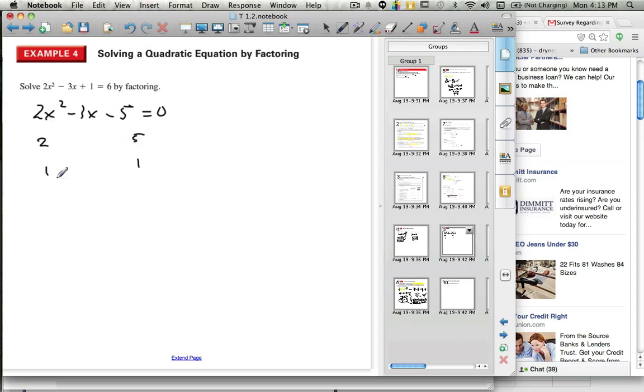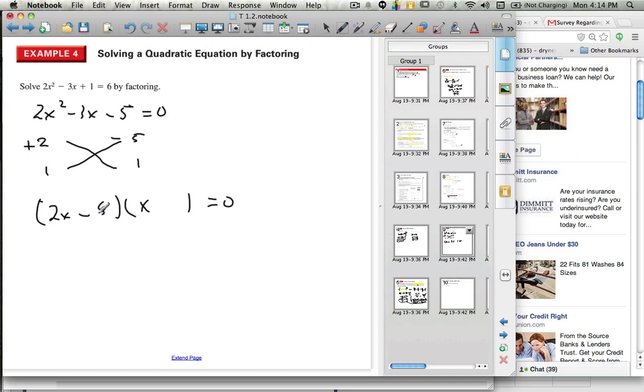So I know that I'm going to go ahead and put 2x in one of these binomials, and I'm going to put x in the other. I need a plus and a minus. Now I've got to come out with negative 5x, because what we need for our middle terms are negative 5x and positive 2x. That's what's going to give me negative 3.